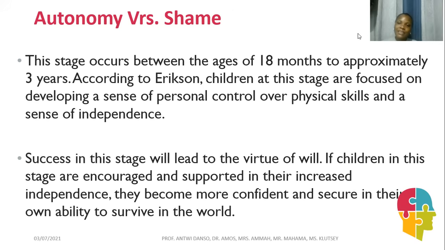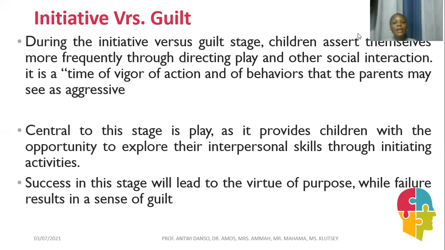And so if you give the child that chance to have that independence or that autonomy, the child will develop what? A sense of will. But if the child does not develop that sense of autonomy or independence or personal control over their own activities, the child has feelings of what? Shame.